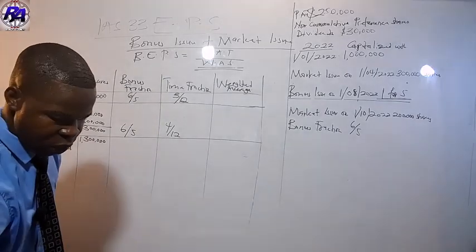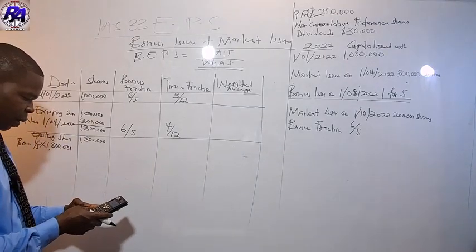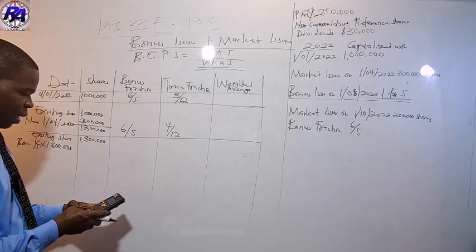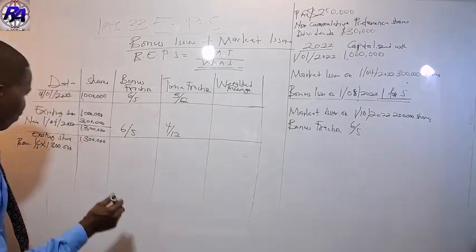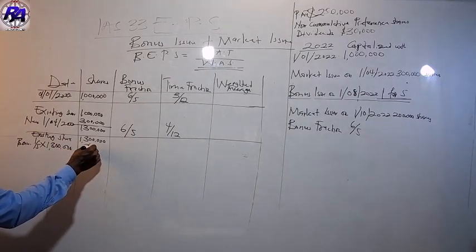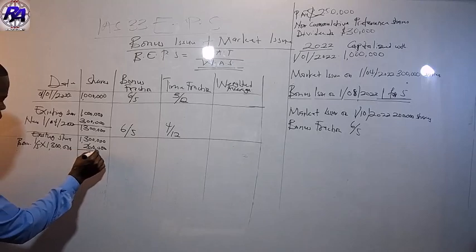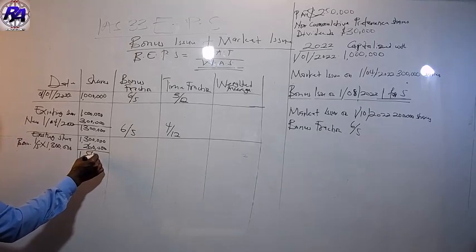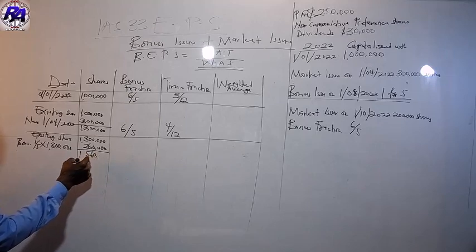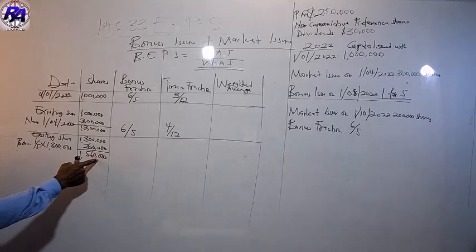If you do that correctly, 1/5 times 1,300,000 gives us 260,000. So if you sum it up, you are going to get 1,560,000 shares.